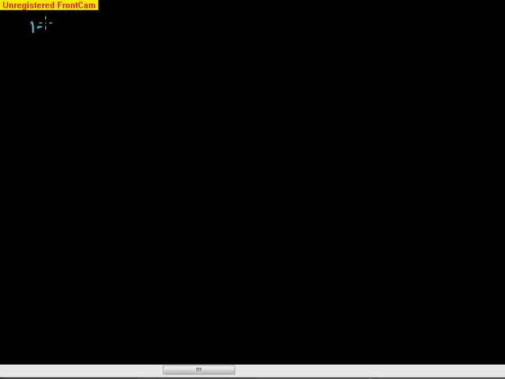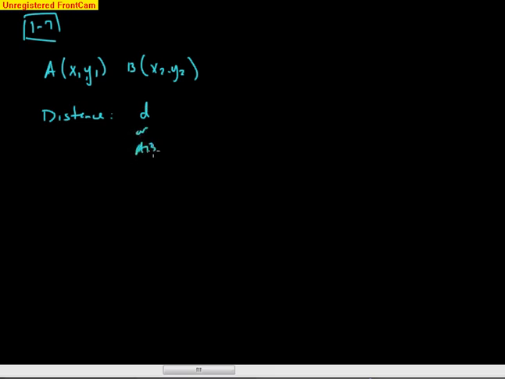And then last but not least, section 1.7, distance and midpoint formula. Okay, so if I have 2 points, A (x1, y1) and B (x2, y2), to find the distance, D, or you could say AB, equals the square root of (x2 minus x1) squared plus (y2 minus y1) squared.